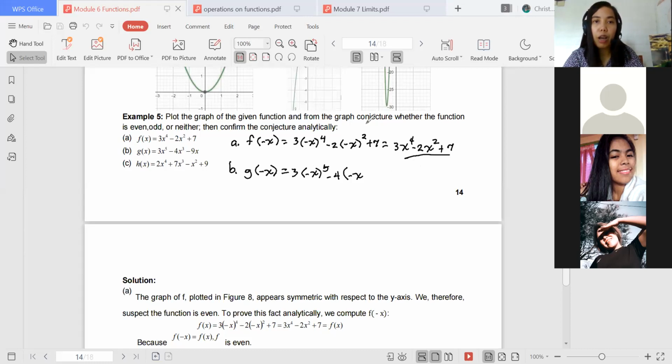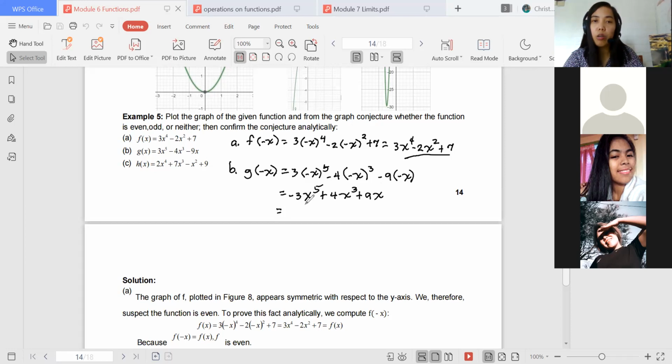So when we simplify, the fifth power of negative x is negative. Negative x to the fifth times 3 is negative 3x to the fifth. This is negative x cubed times negative 4, so we will have positive 4x cubed. Negative 9 times negative x is positive 9x.